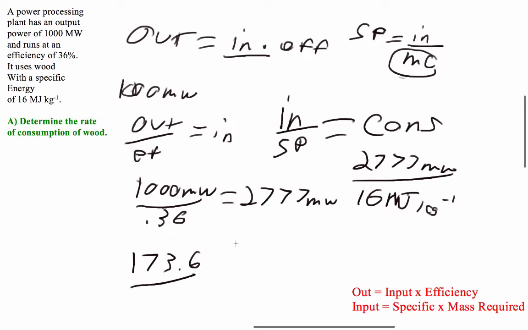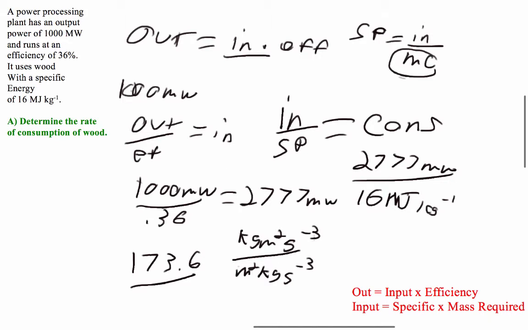And now for units, megawatt, watt, if you remember your component units, is going to be kilograms m squared and second to the -3. And then we have megajoules underneath, and so that is going to be m squared kg and s to the -2.